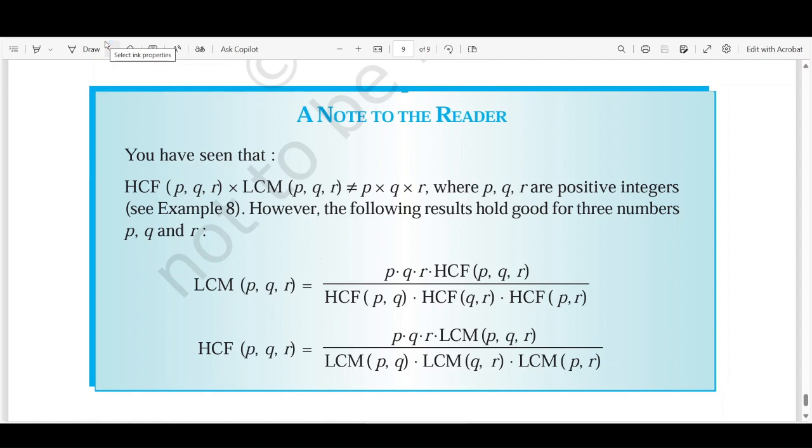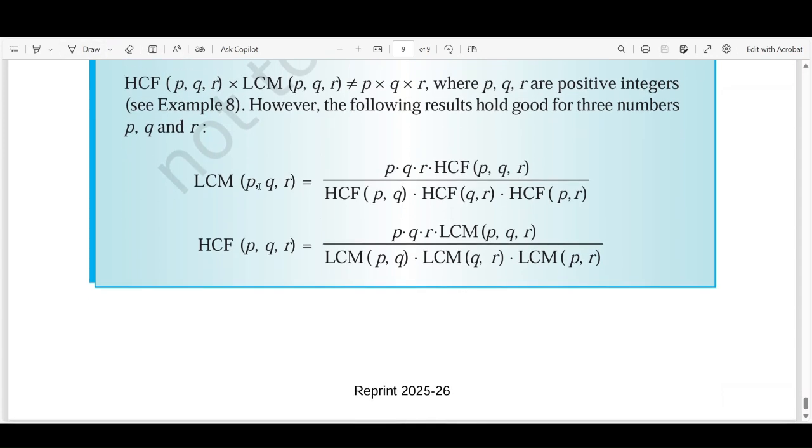But we can find another result for three positive integers: the LCM of three numbers will be equal to the product of the three numbers into HCF of the three numbers, divided by the HCF of the two numbers by pairing each one.